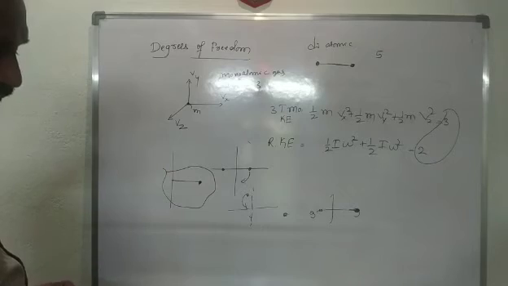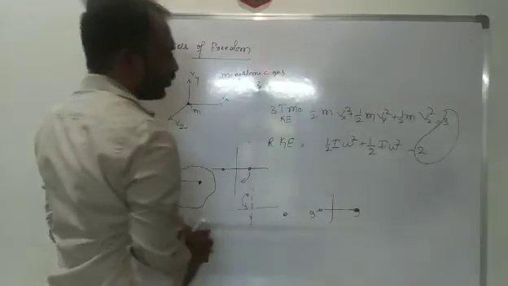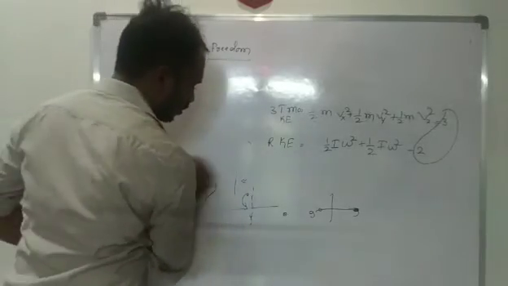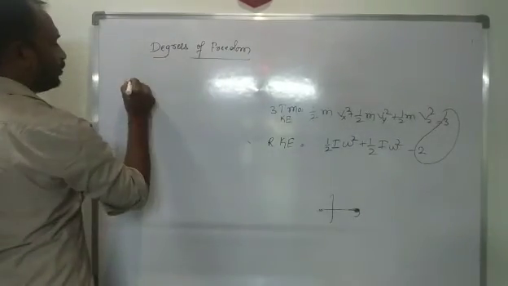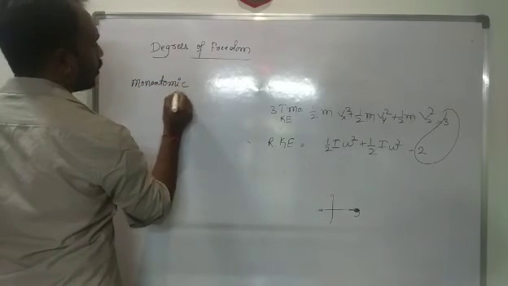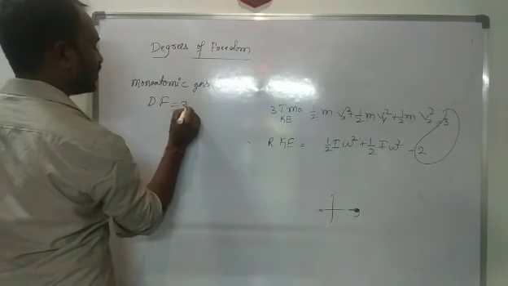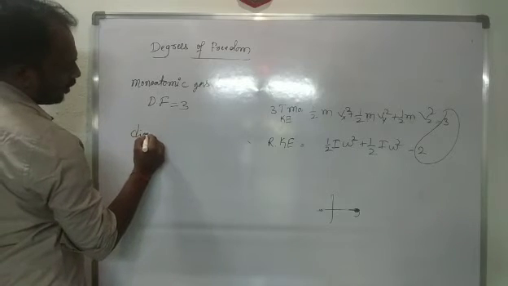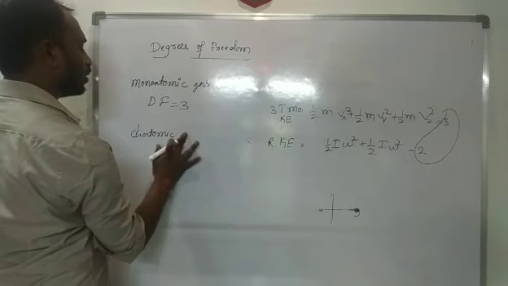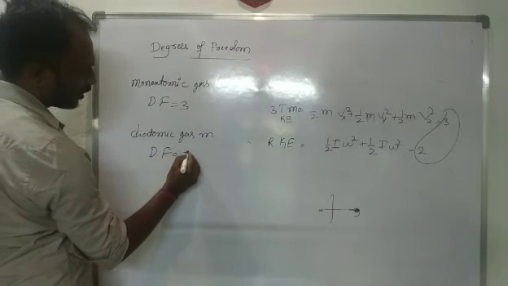So, for degrees of freedom, first one we consider is the atomic gas molecule, with 3 degrees of freedom. Another one is diatomic gas molecules, so degrees of freedom we consider 5.